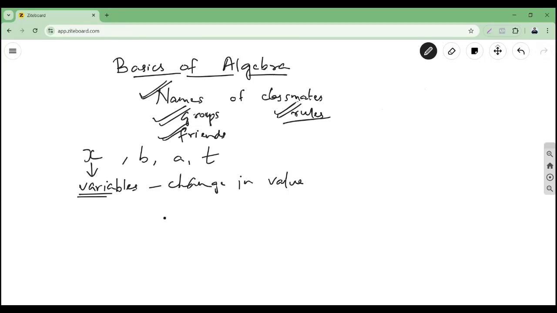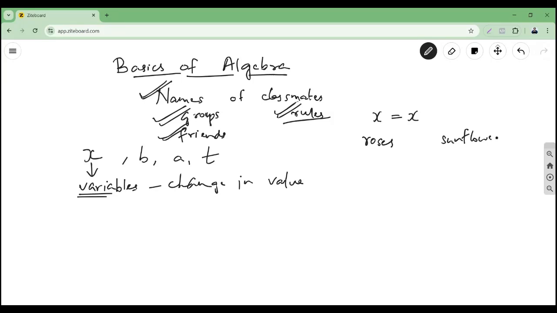That's the meaning. When I say x and use in the same problem, if I'm using another x, that means this x is same as this x. You remember that. If say number of roses is there, number of sunflowers are there.